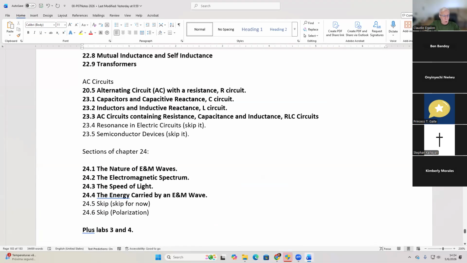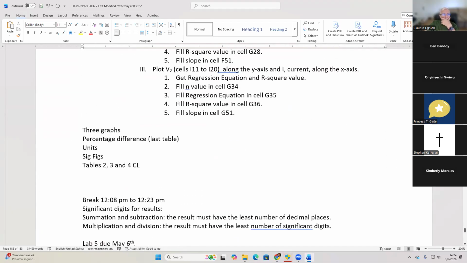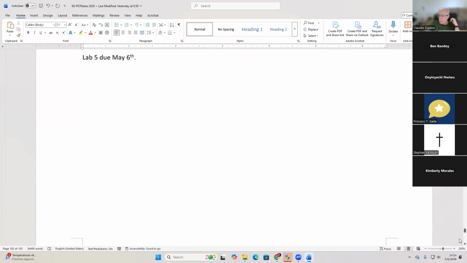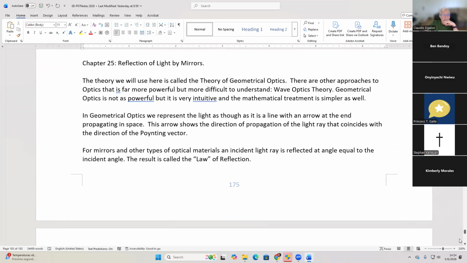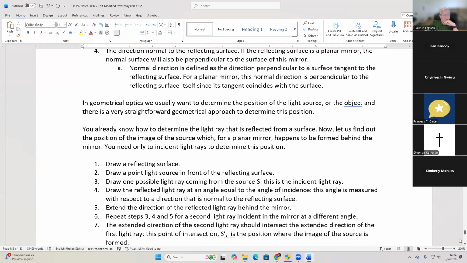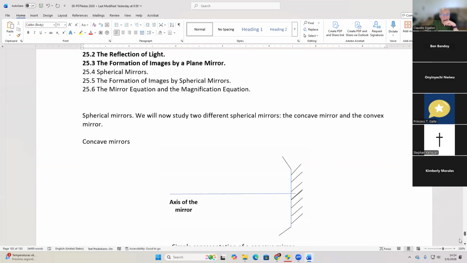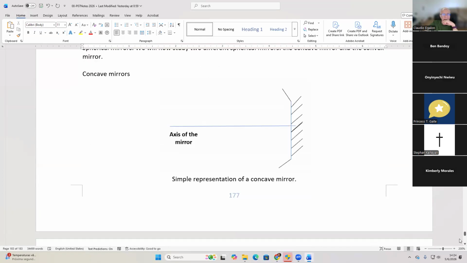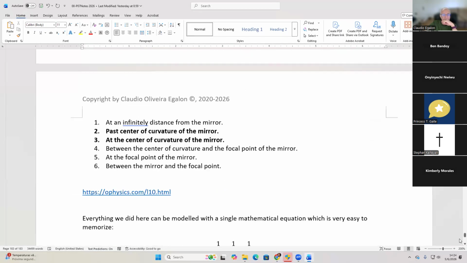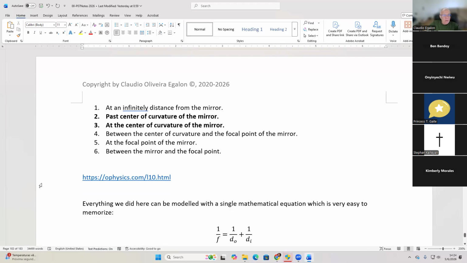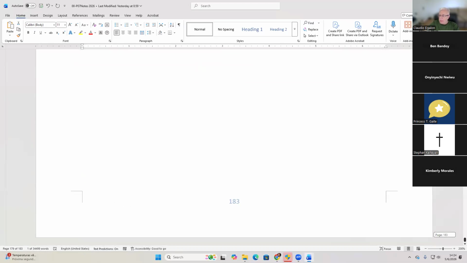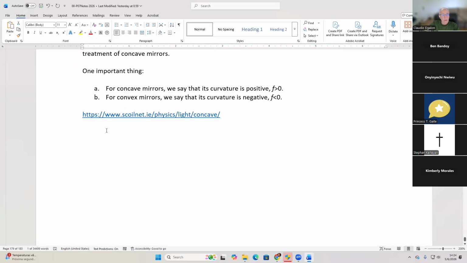So you have more than one link to refer to. Oh, here you go. That's another link here. Two different links for similar simulations.